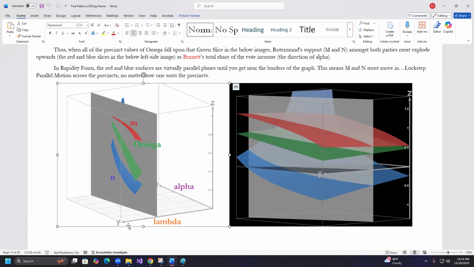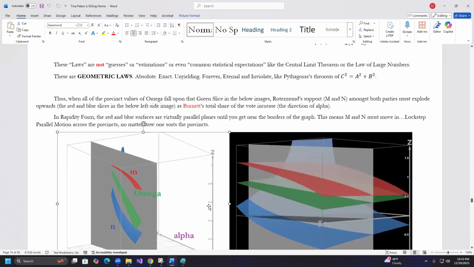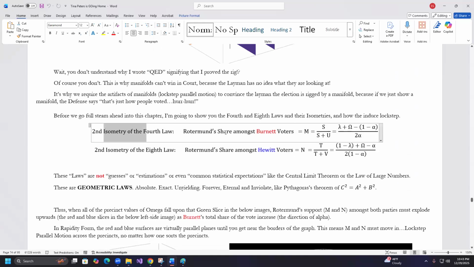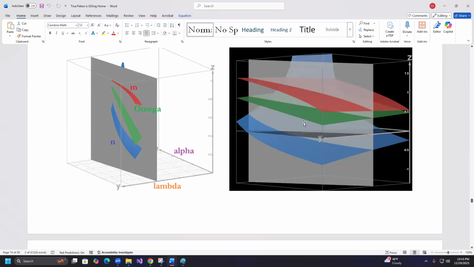They all become conformal to a 3D geometric paradigm. You predetermine the Republican performance alpha, Rotterman's performance omega, and the polarization ratio lambda. Then M and N, Rotterman's share amongst Burnett voters and amongst Hewitt voters, are forced geometrically with these formulas, which produces two parallel planes, red and blue.